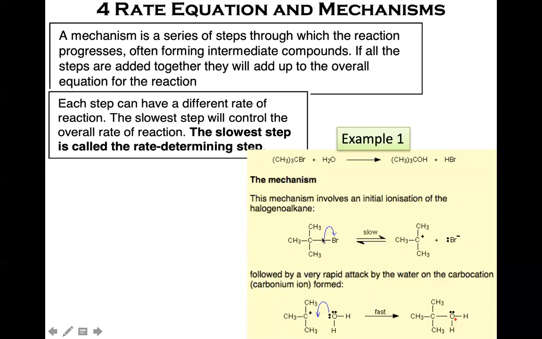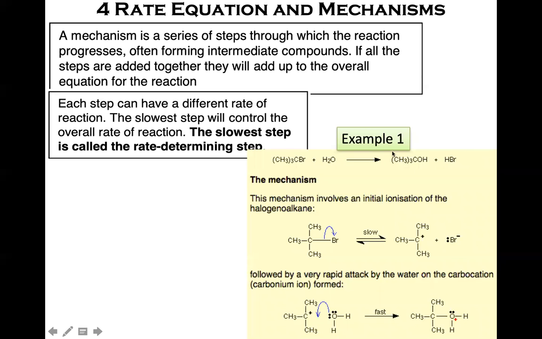So your bonds are broken, your electrons are moving, some species accept electrons, some species donate electrons, and so on. So this is what we call mechanism. Mechanism is actually related to your rate equation. So on Monday, I'll explain to you how.